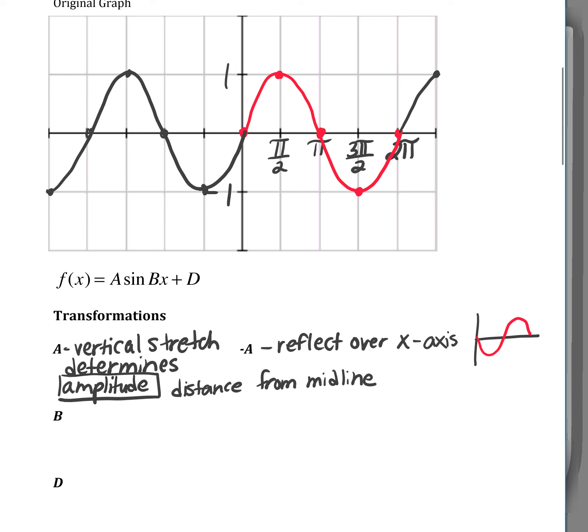The B value is your horizontal stretch or shrink. But more importantly, because this is a periodic function, it tells us the period of the graph.